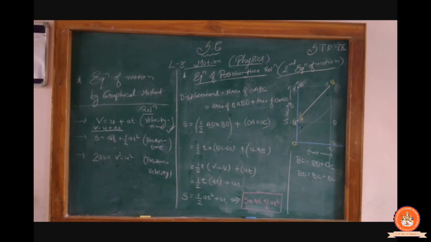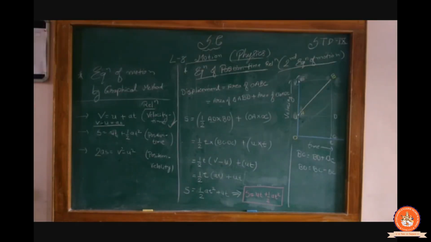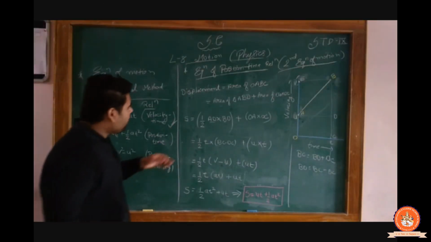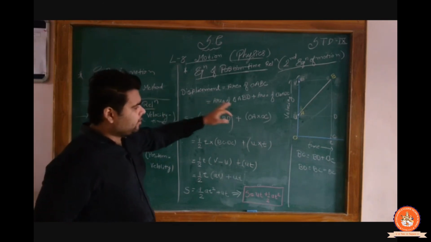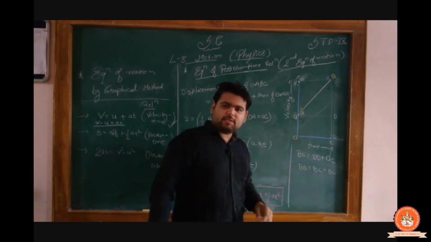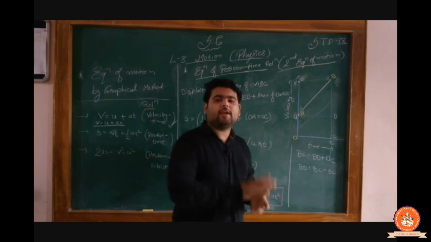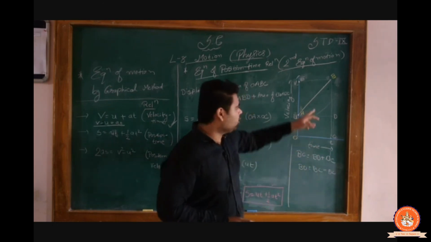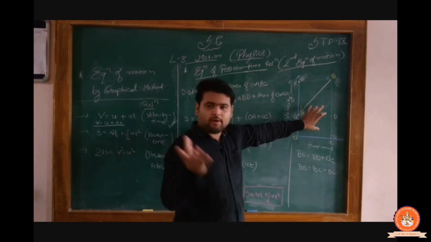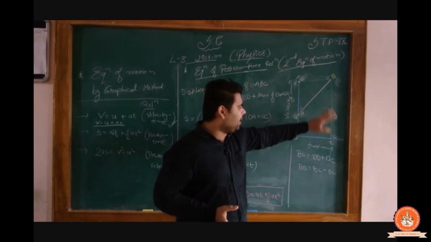Clear, bachawade? Okay. So you have written this. This is the area of displacement we found. Clear? The area of the trapezium. So here we divided this area into the triangle and the rectangle.